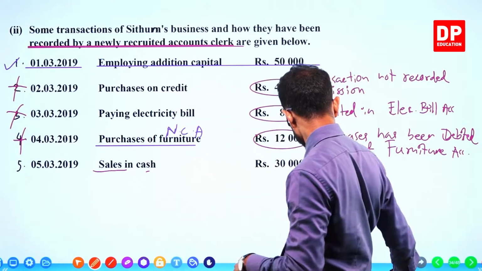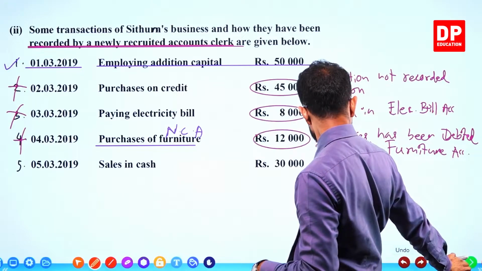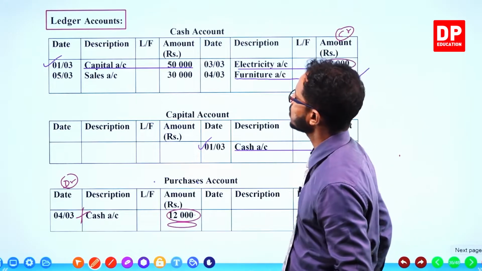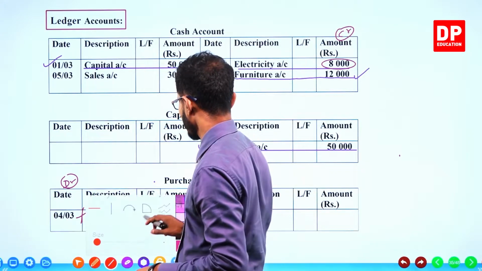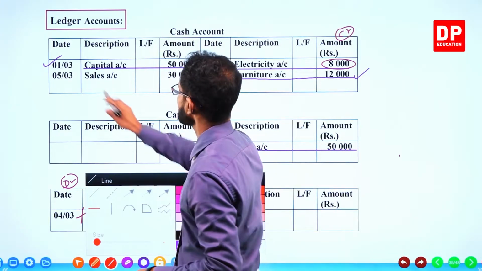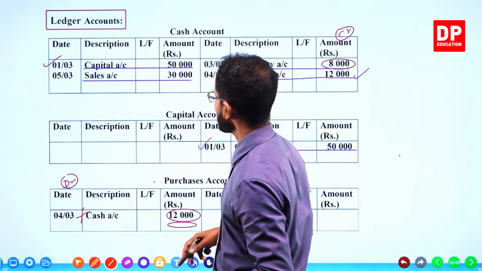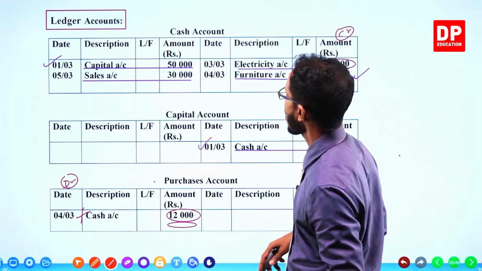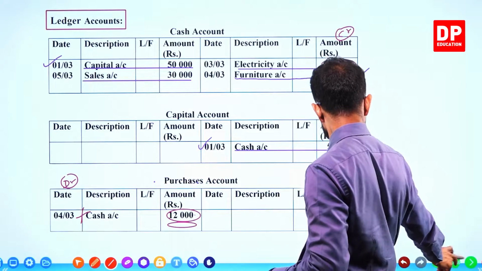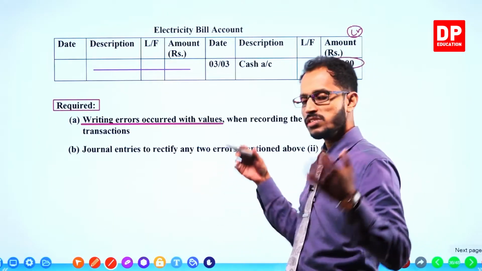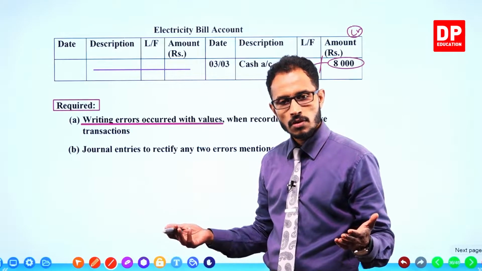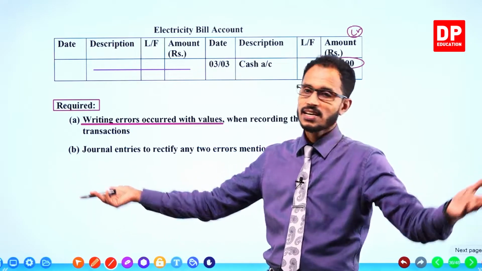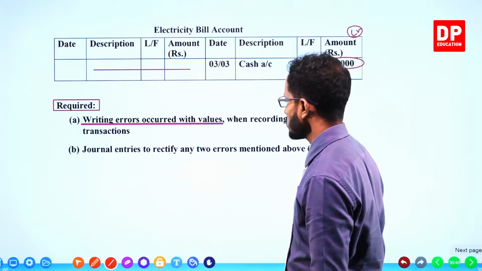Let's check the cash account. 30,000 is done. Cash account debit, 30,000. It's done right here. Sales account should be credit. No sales account. Where is the sales account? No sales account. That is also wrong.